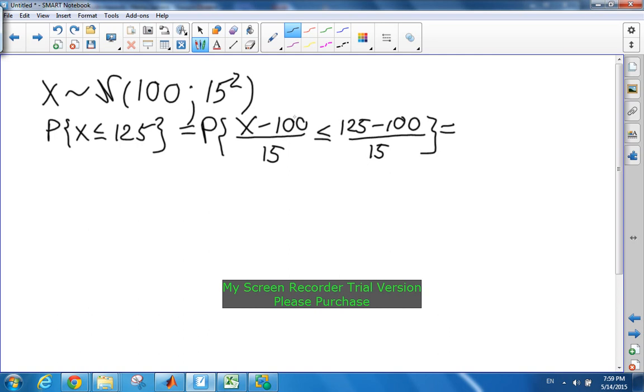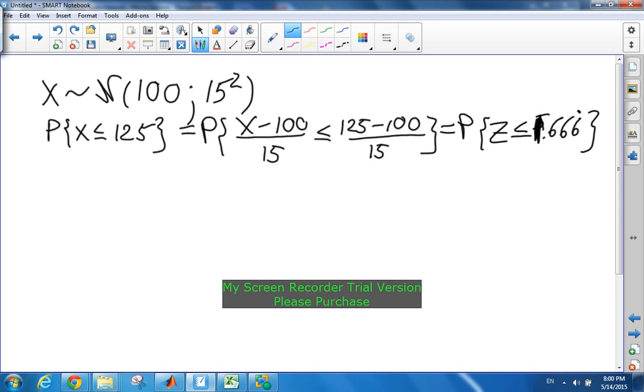So this is the probability that z is less than or equal to 125 minus 100, so 25 over 15, and when I cancel by 5, that's 5/3, which is about 1.666 repeating.